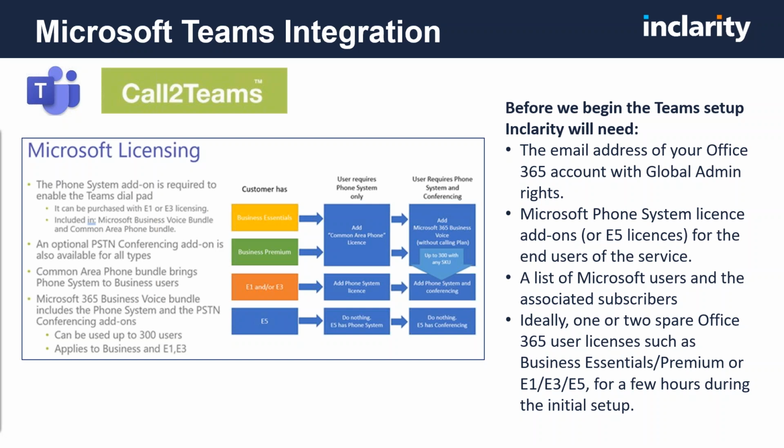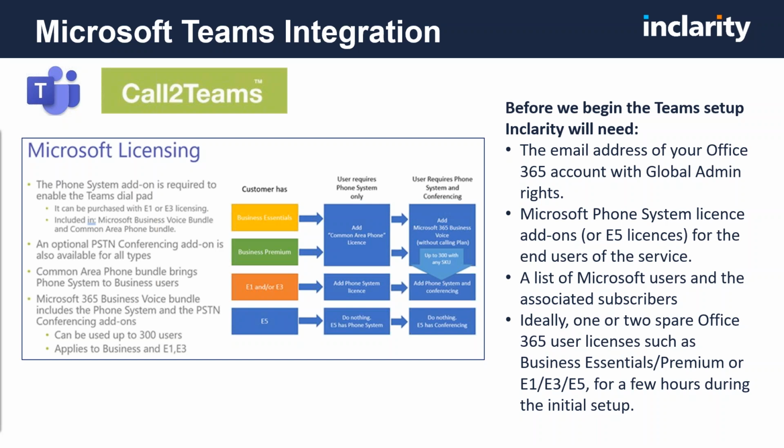And we have the option of what Microsoft license add-ons you require. We've got users out there already who are using just the common area phone license. This just enables your dial pad and allows us to call out. But if you wanted more features, you have the option to go down the Microsoft 365 Business Voice license.